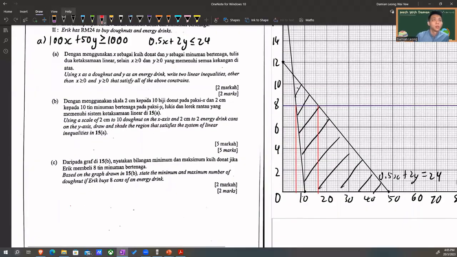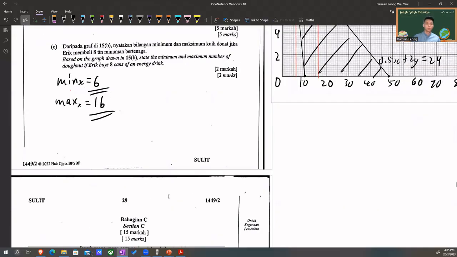Means minimum number of donuts is 6. Maximum number of donuts is 60. That's it.